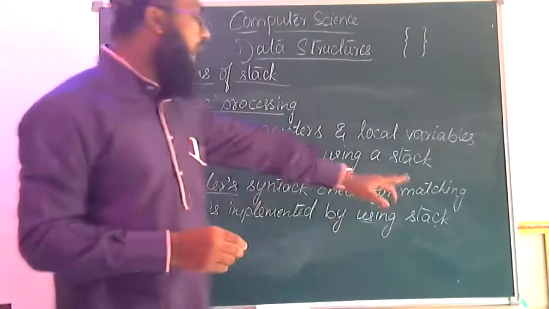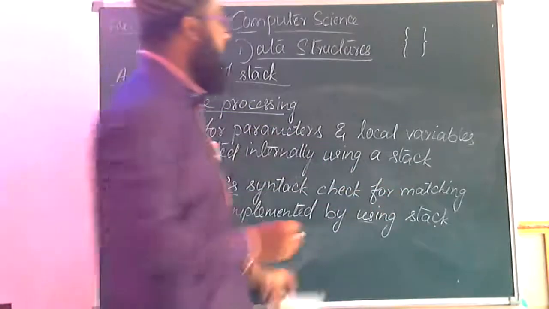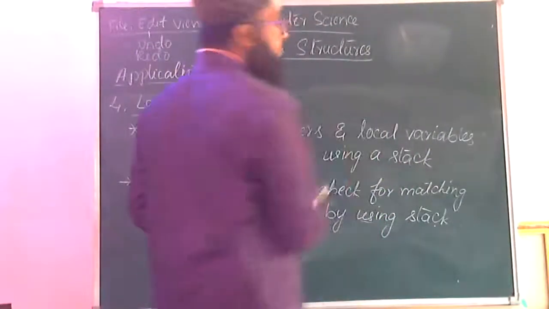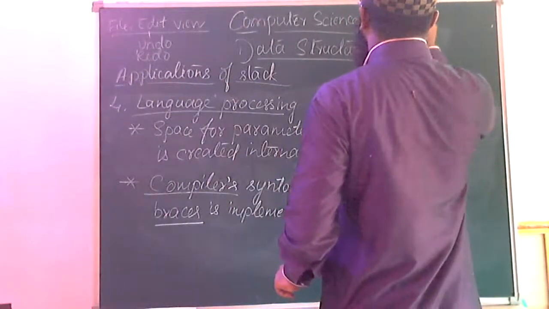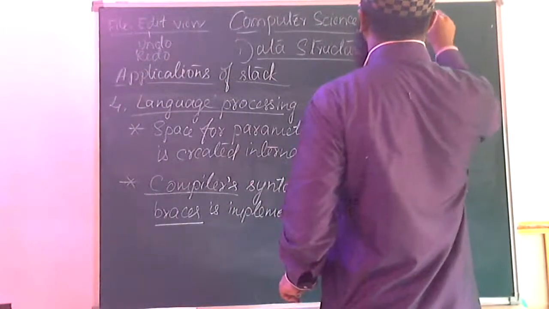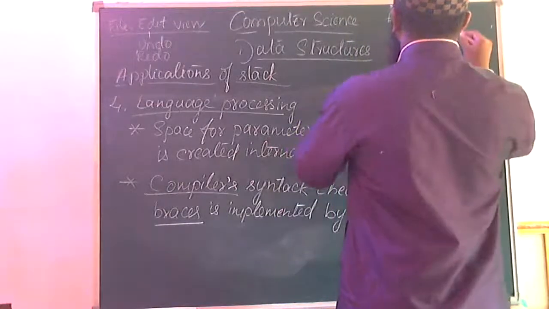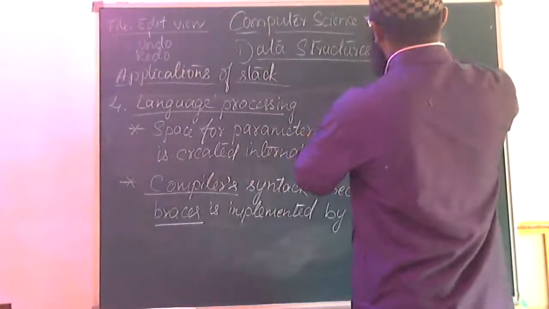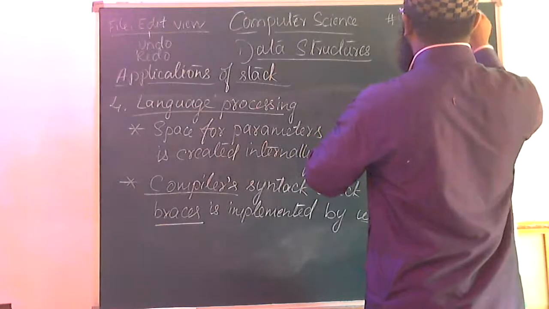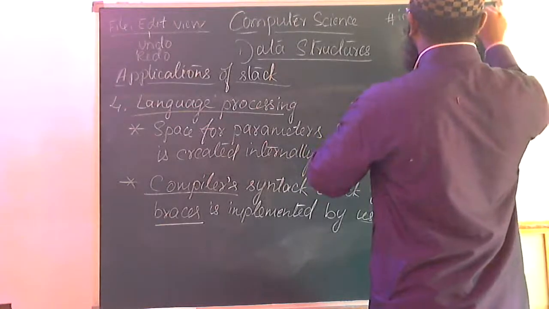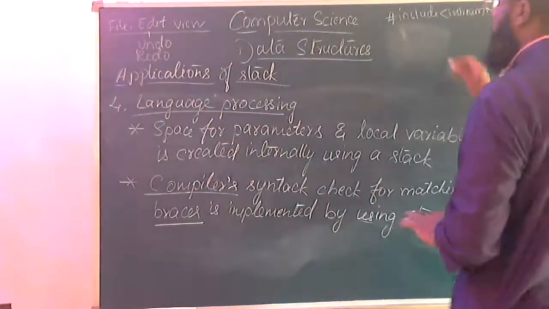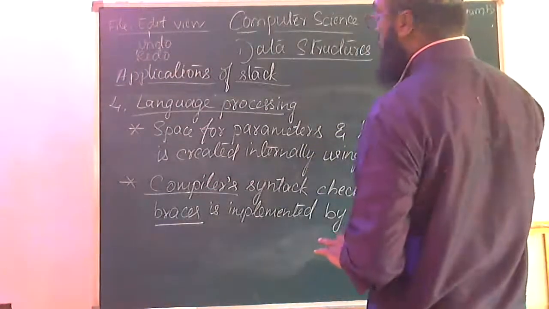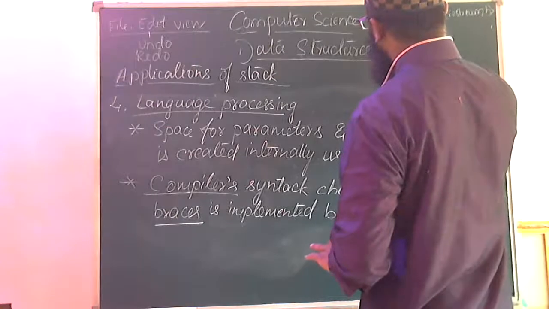For matching braces, for example, if you want to write a program, think of this as #include <iostream.h>. After that, what will you do? You will open a brace here.